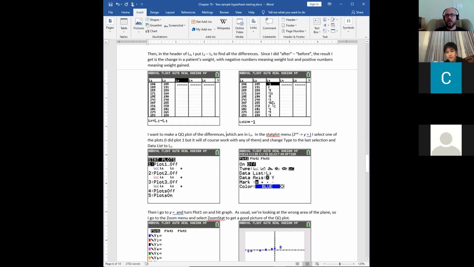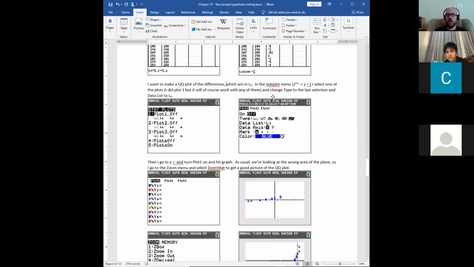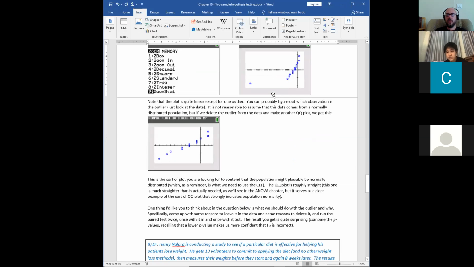So this would be an instance where you should probably do both. I'm really inclined to leave it in, and also take it out, just to say, okay, for people who were less extremely overweight, look at this. The test looks great. The QQ plot is nice and straight.